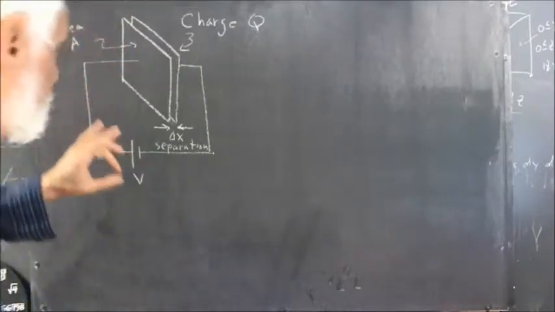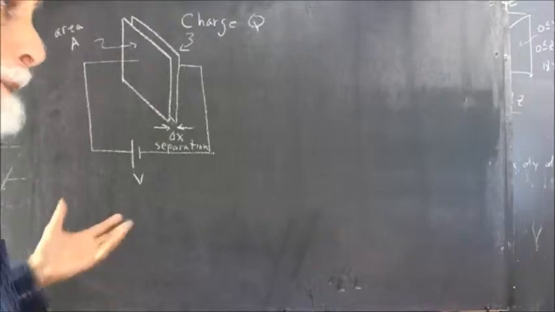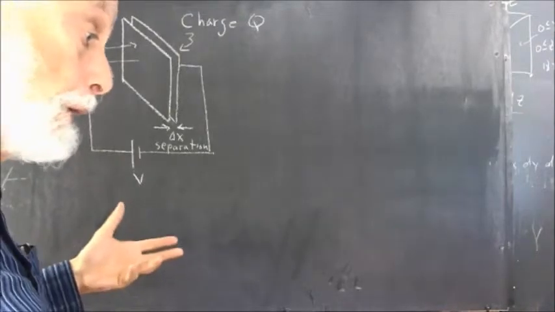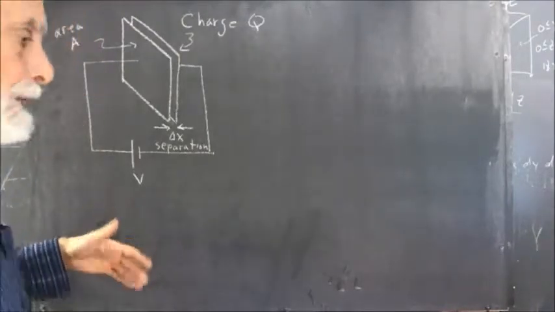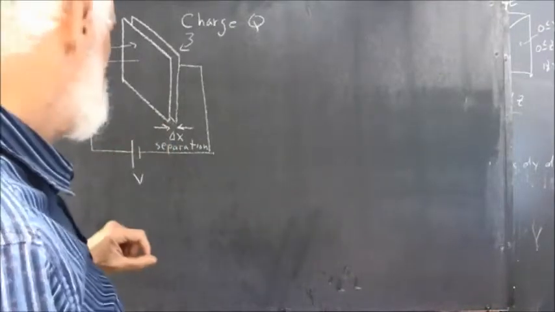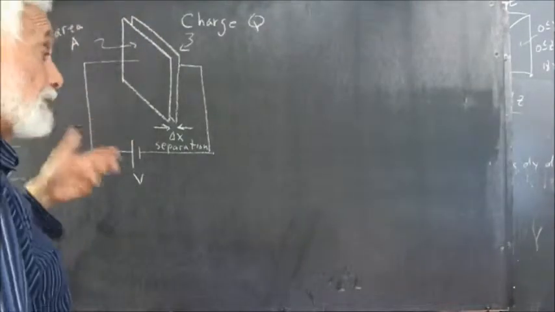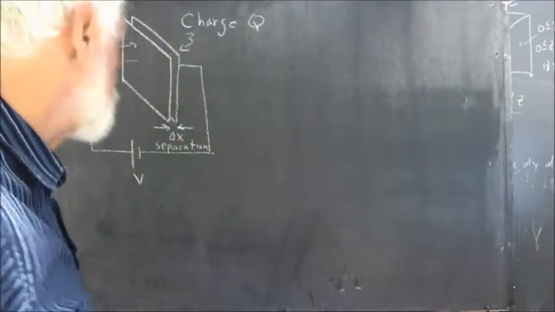Well, okay. We first want to figure out maybe the capacitance of the capacitor, because we know that the energy is going to be Q squared over 2C. So if we can figure out the capacitance, we're pretty much already there. The capacitance is charge over voltage.